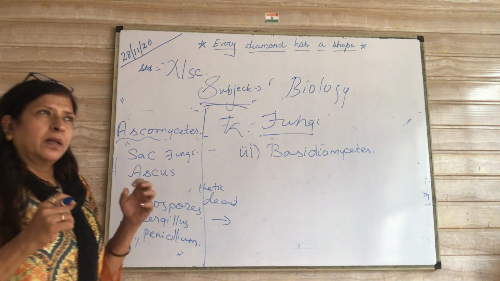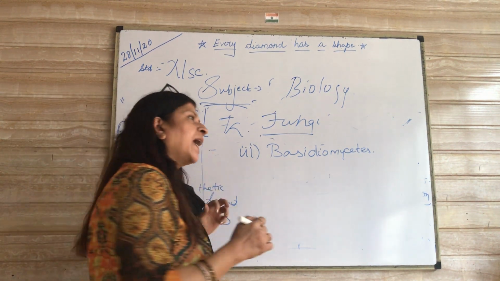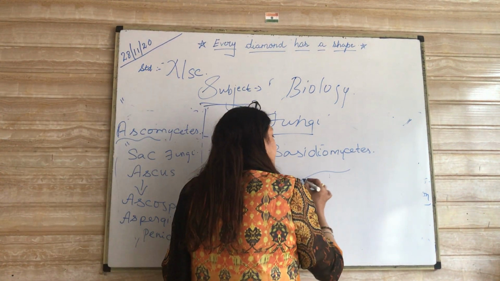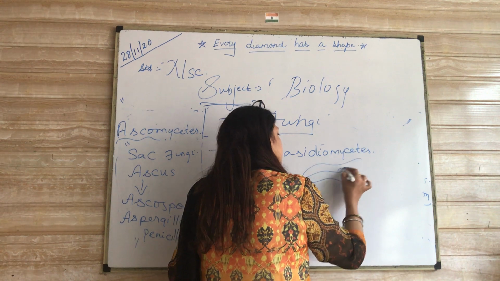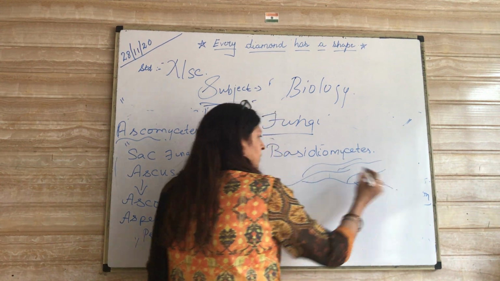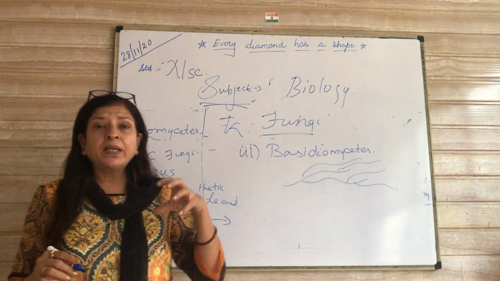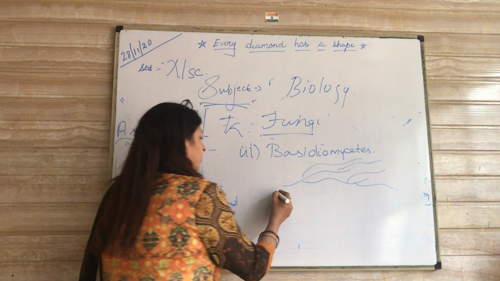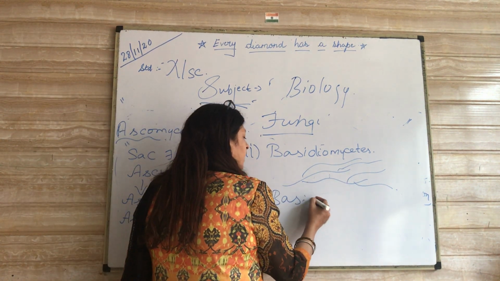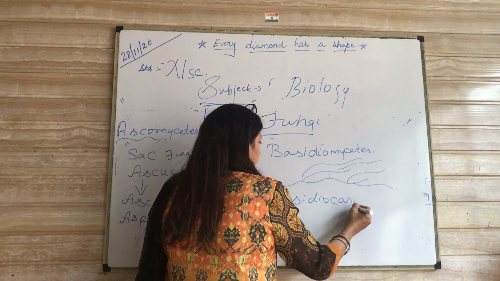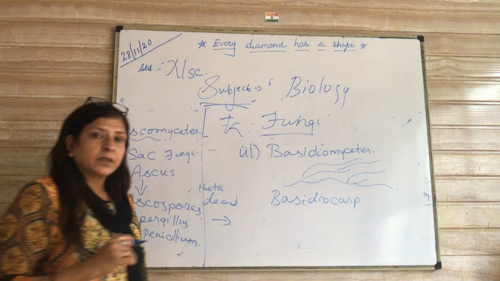Here the unique feature is they have a body which is highly branched, and they have a body part which we call the basidiocarp.